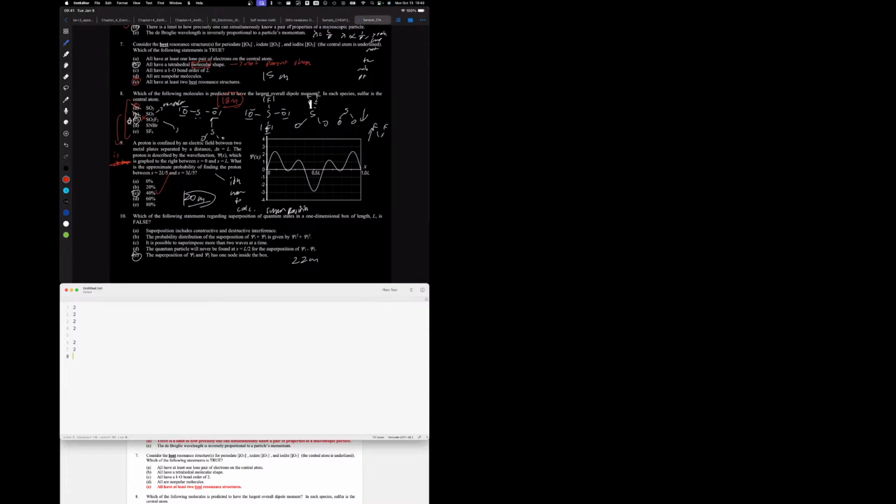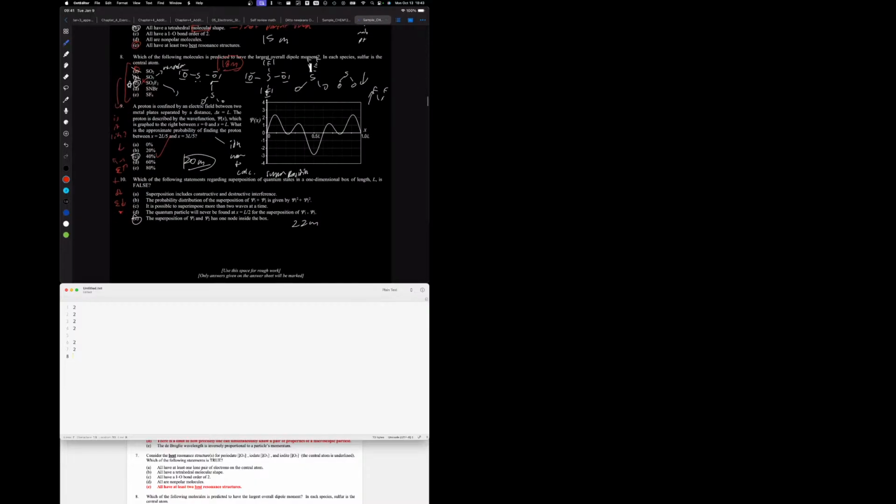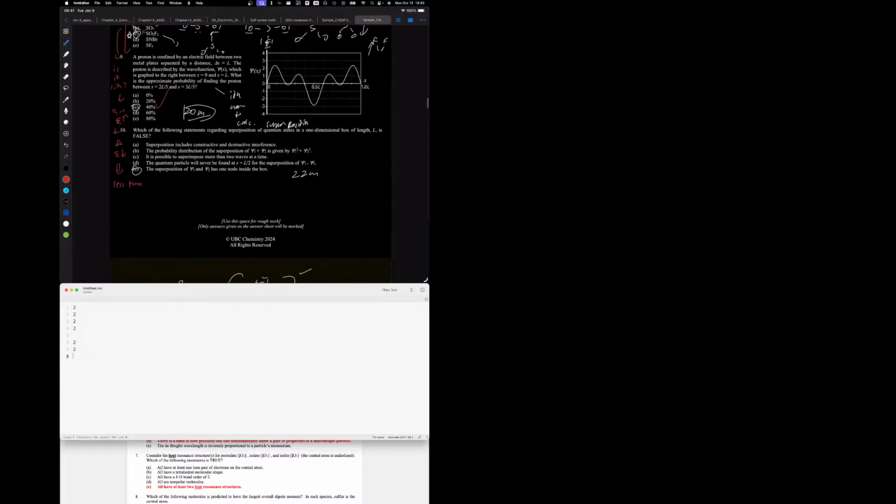Oh, wait. If you have something like this, and the sum is like this, plus something like this, and the sum is this, this will be less than something that's only like this.